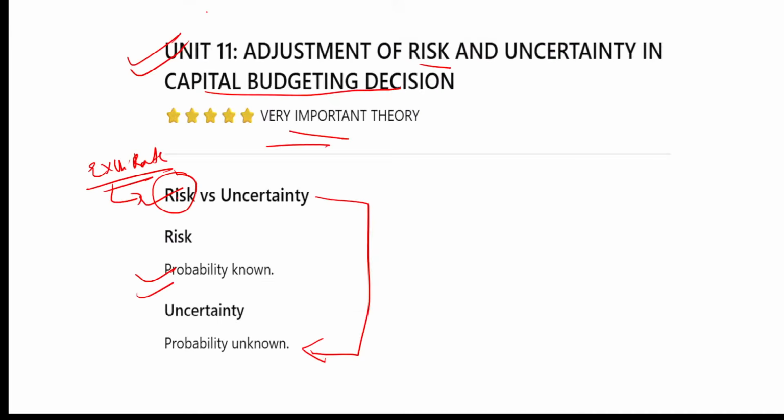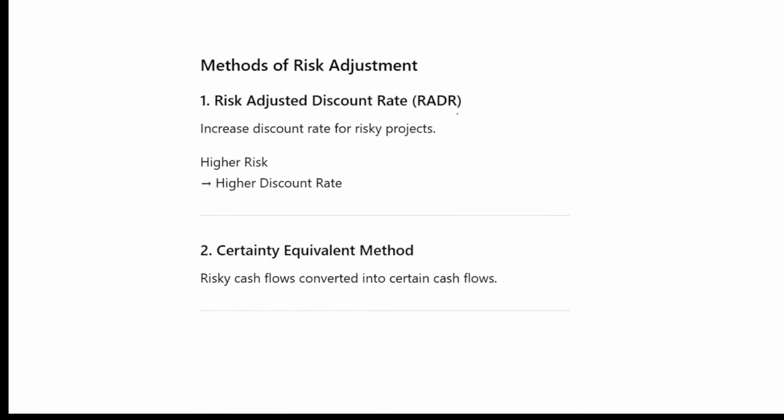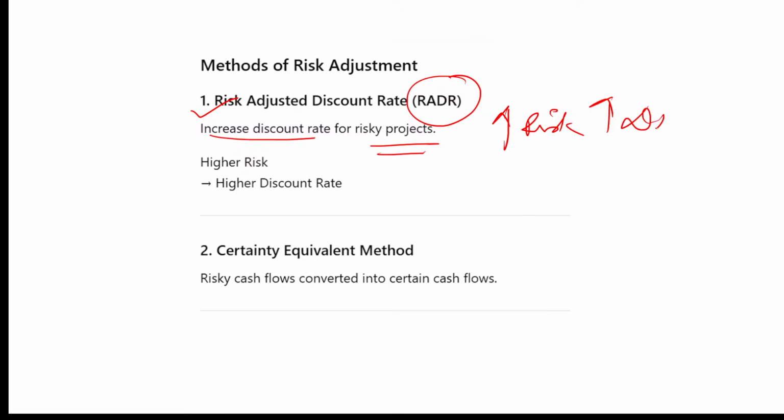Methods, we always adjust for risk and uncertainty, both the things. Methods of risk adjustment is risk adjusted discount rate, known as RADR. It increases the discount rate for risky projects. Higher the risk, higher the discount rate. We know that, right? So higher risk will always give you higher discount rate because then your cash flows will decrease, right?